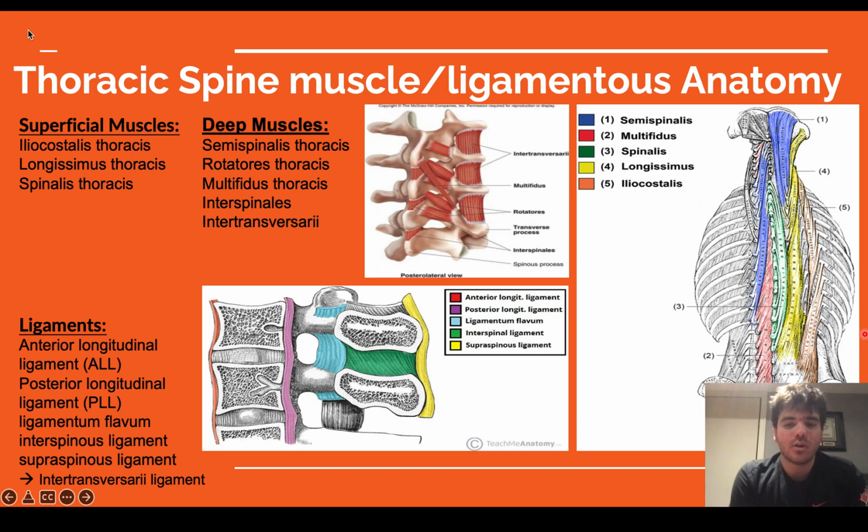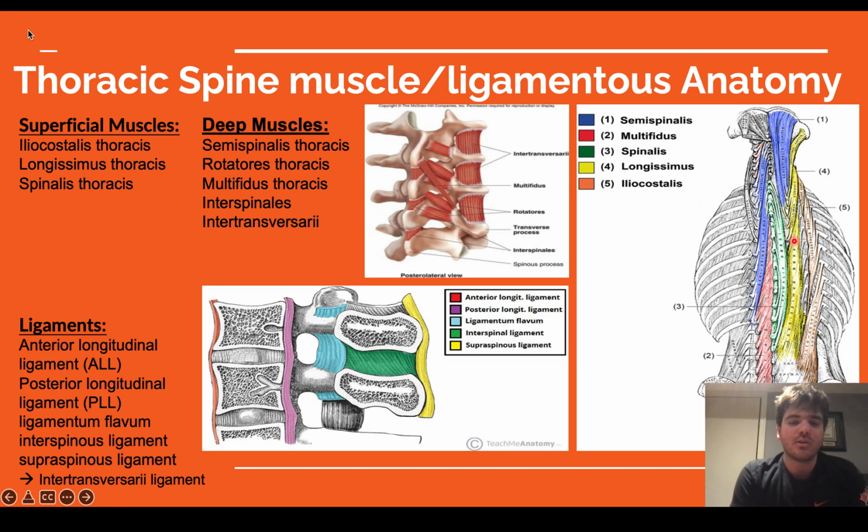The next muscle we're going to talk about, and also that last muscle, the rotatores thoracis muscles, as it says in the name, also help rotate the vertebrae towards the opposite direction.